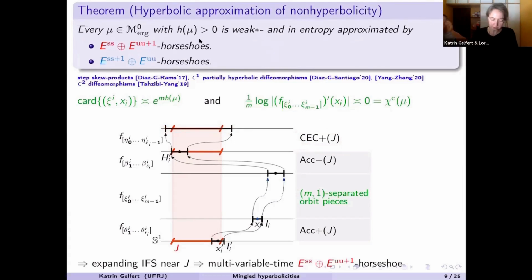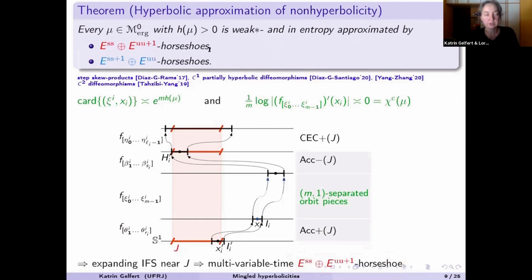So you start with a generic orbit piece of your zero exponent measure, you perturb this slightly, prolong it, and you get an expanding iterated function system which maps some intervals expandingly to bigger intervals, and this gives rise to a horseshoe which is expanding in the central direction.